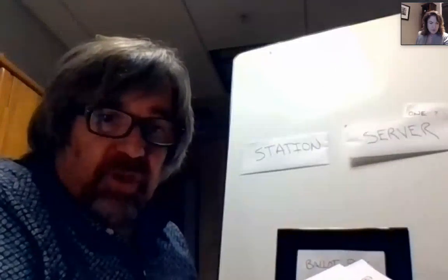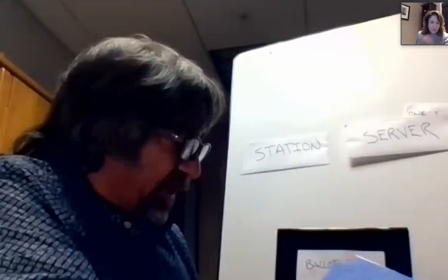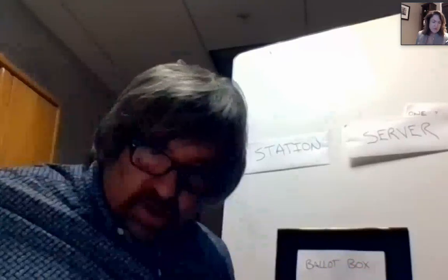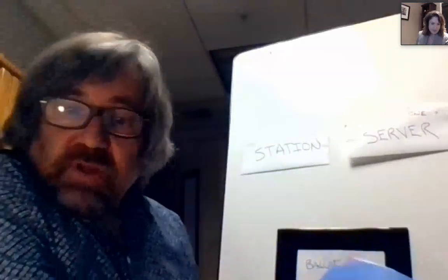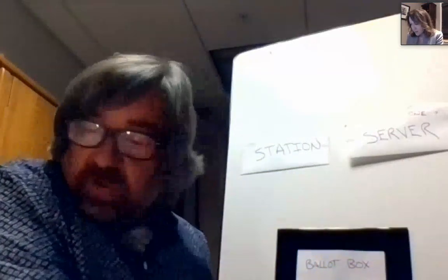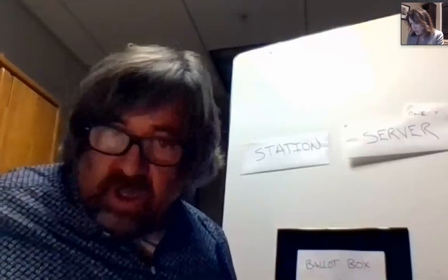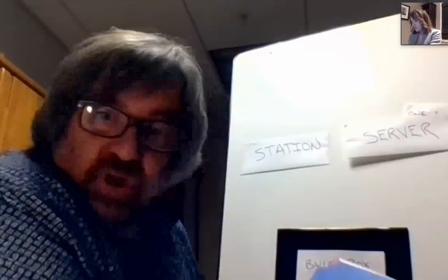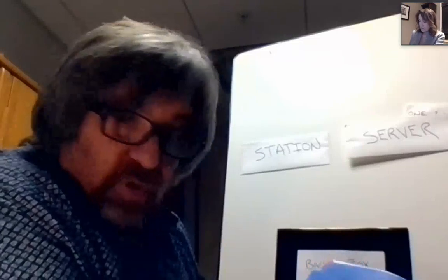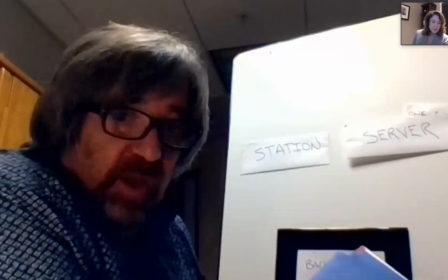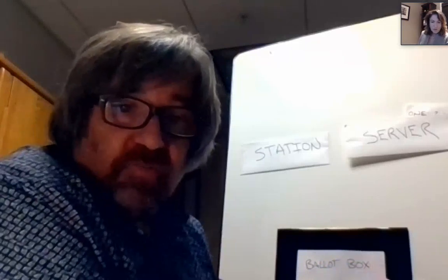Now we have a problem because the hand count image doesn't match the hacked image. Right. So something's wrong, but we've got the physical ballot and we've got the original voter approved ballot, either on the server or on the station. We can track them down, figure out which one got replaced, and we can determine what the original voter intent was.